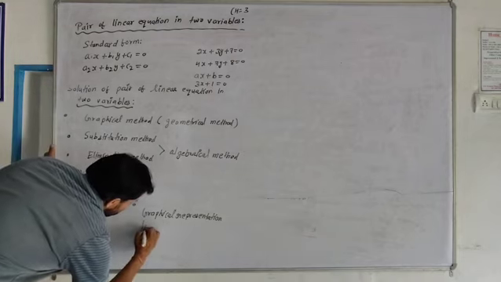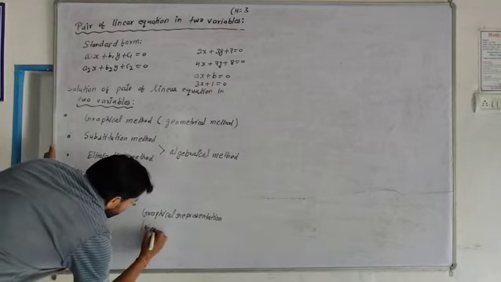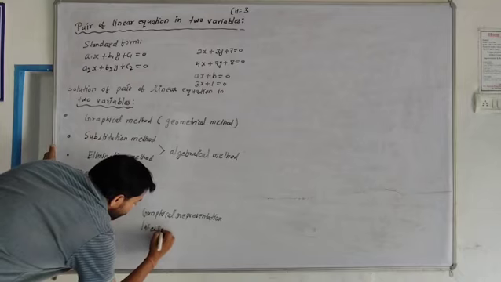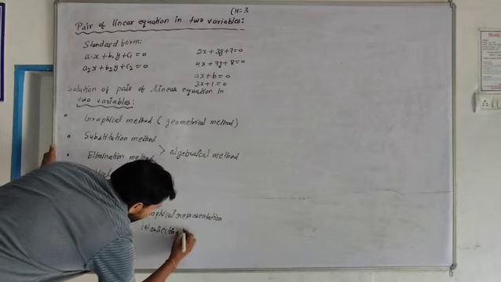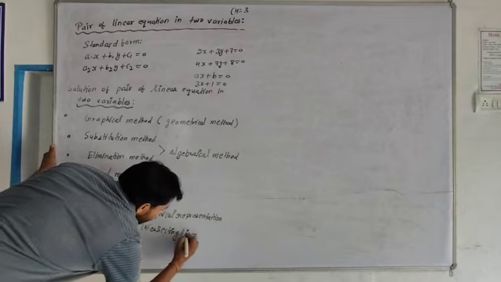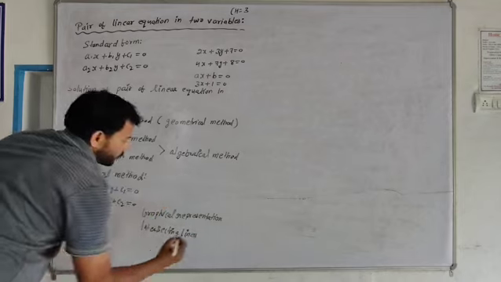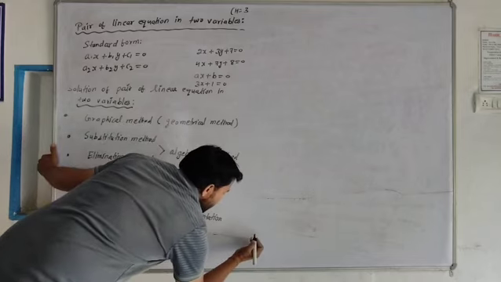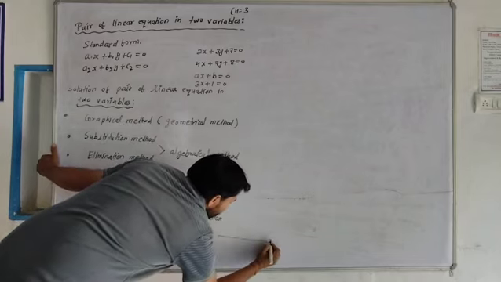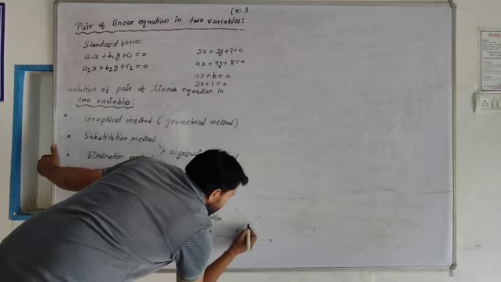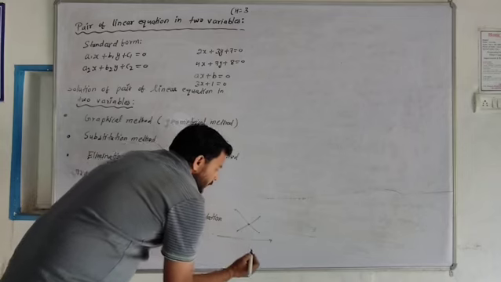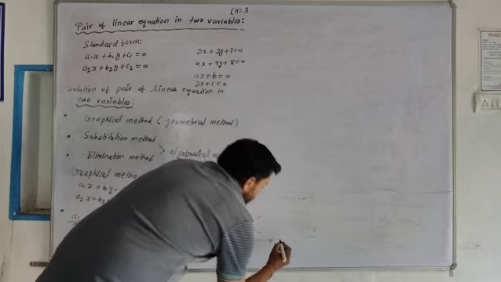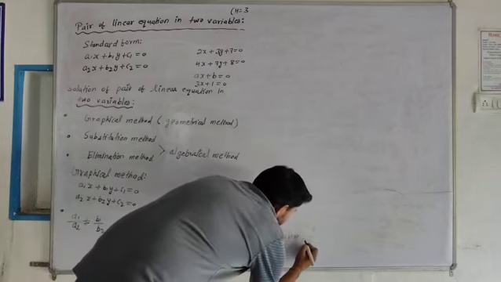Graphical representation: intersecting lines. These are intersecting lines, intersecting at this point. Right. Here there is one solution.